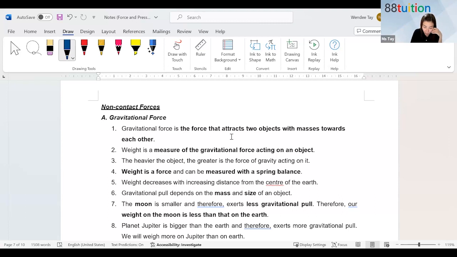Now, when you talk about weight, are you all familiar with weight? You know about the difference between mass and weight? Harvard, tell me something about mass and weight. You can also share examples. Mass is the measure of the amount of matter in an object.